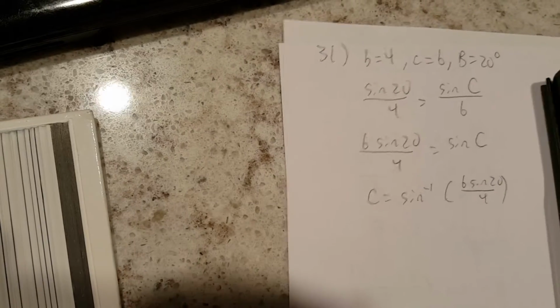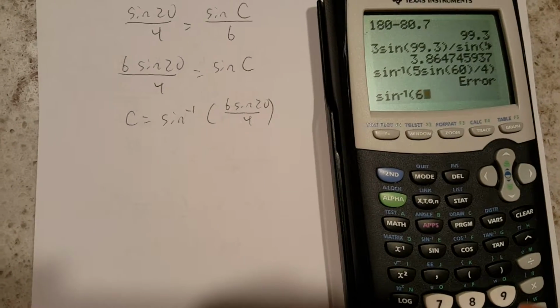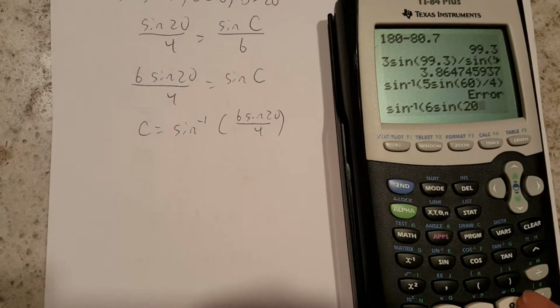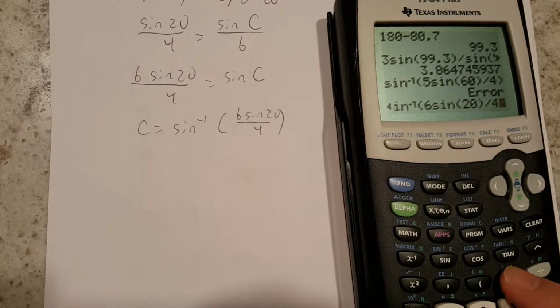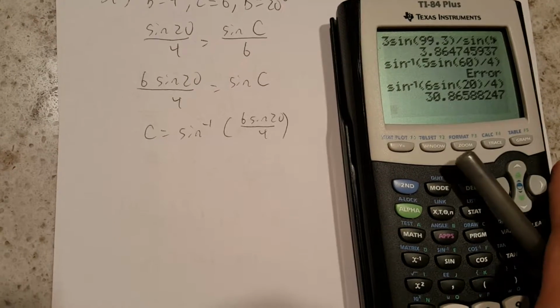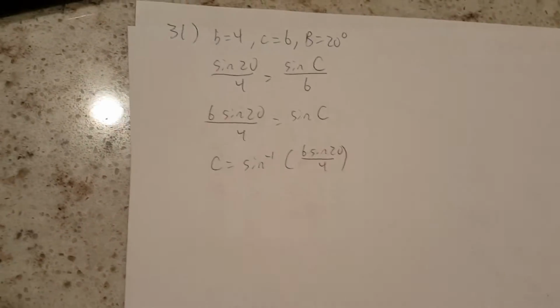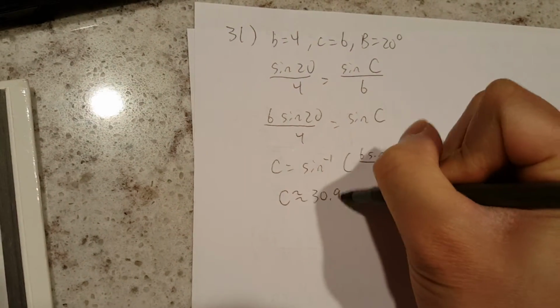If you do that on the calculator, so here I'll do it for you here. 6 sine 20, close those parentheses, divided by 4. It gives you 30.9. So capital C is around 30.9 degrees.